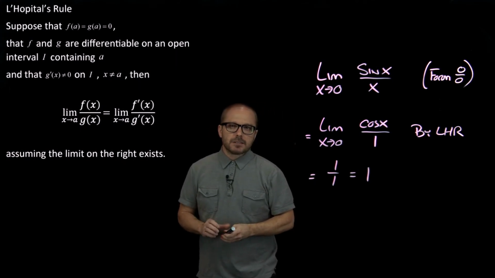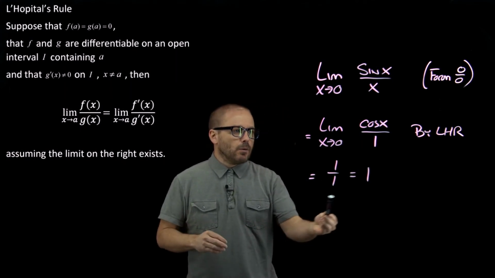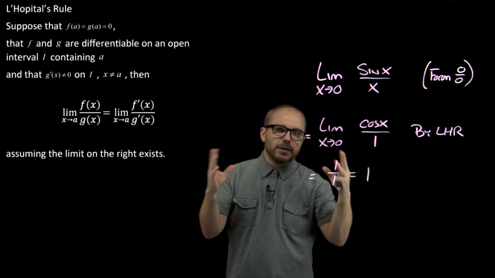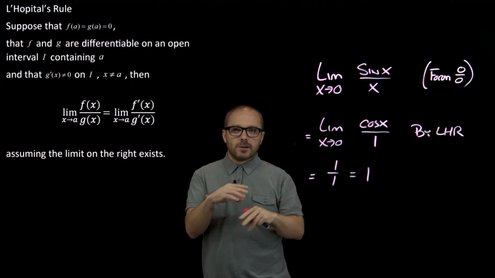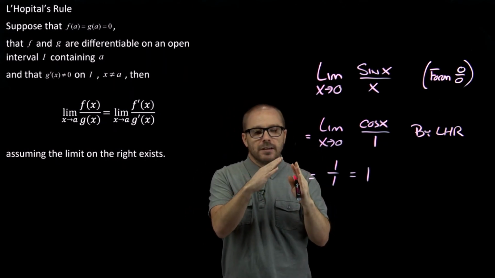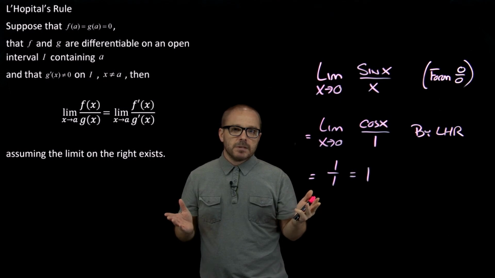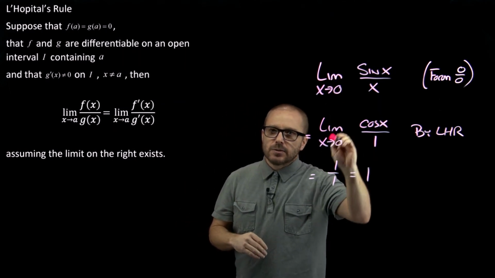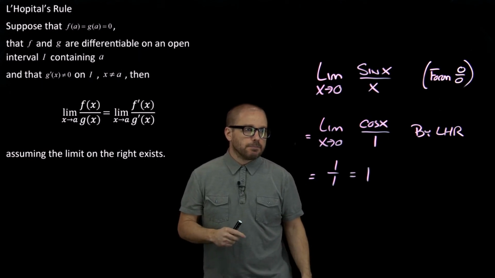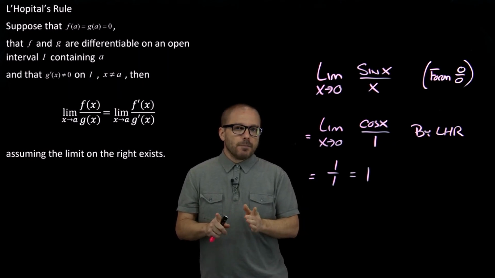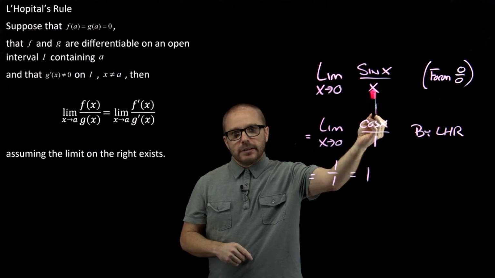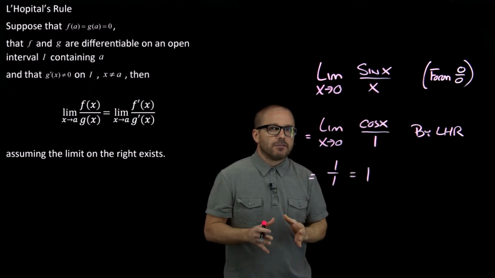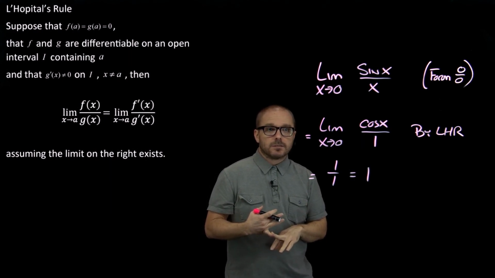Now I do want to emphasize something here. You may wonder, well, why did we go through all that trouble in Calc 1? If you recall, we set up a unit circle and did some sandwich theorem with the area of a sector versus an area of a triangle, and it was a very involved geometric proof. Why didn't we just introduce you to L'Hopital's rule and then do it that way? Well, you have to remember why we were interested in this limit in Calc 1. This limit arose in the process of trying to figure out what the derivative of sine was.